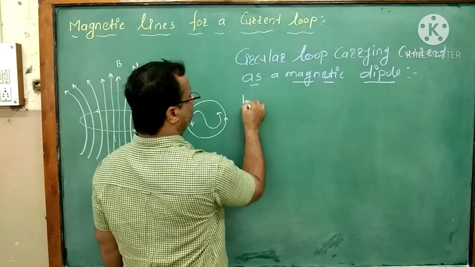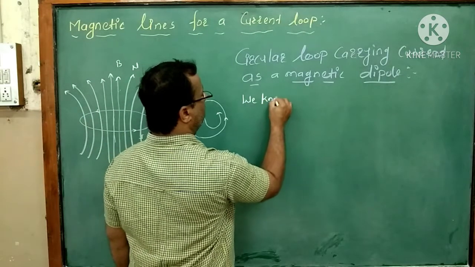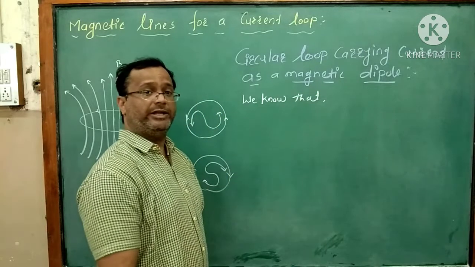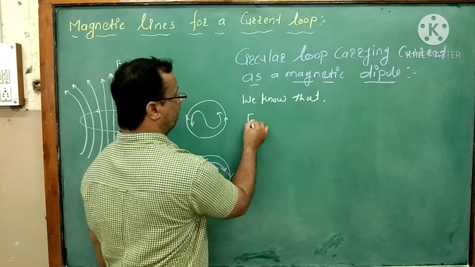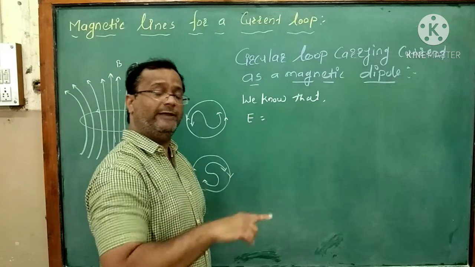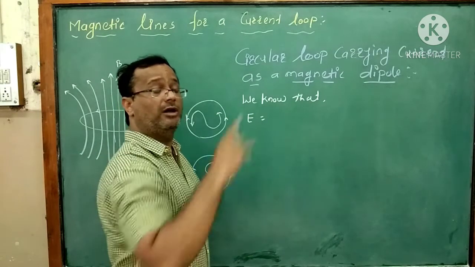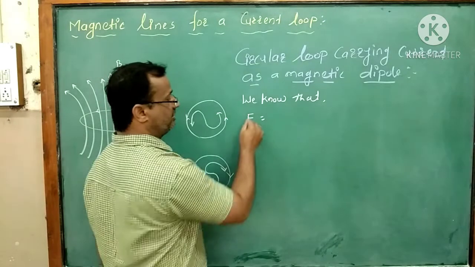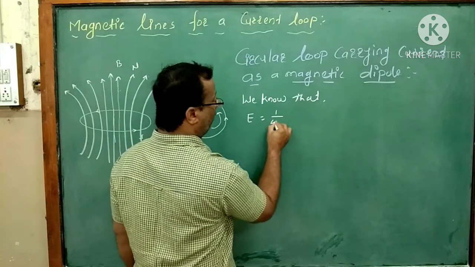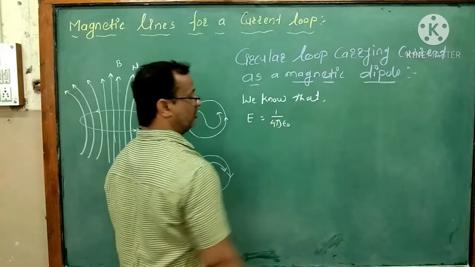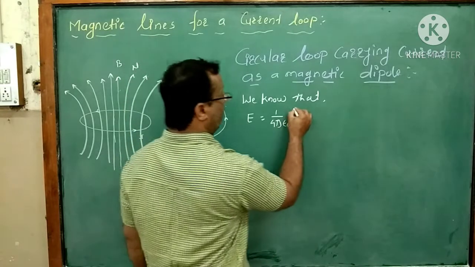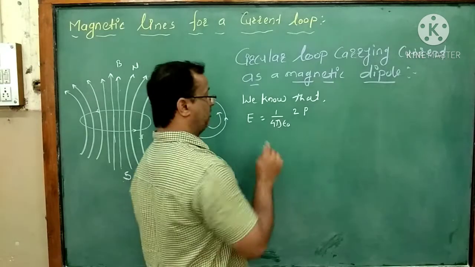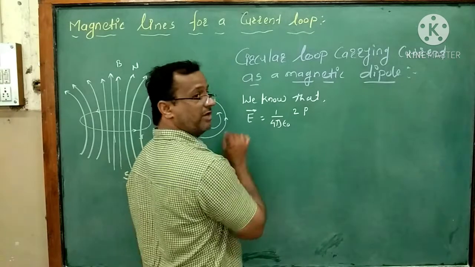We know that in electrostatics, the value of electric field intensity along the axis of an electric dipole is given by the simple equation E equals 1 upon 4 pi epsilon 0 into 2 P vector upon r cube, or simply x cube, whichever you take. Here P is the electric dipole moment, which is again a vector quantity, so I give the arrow.